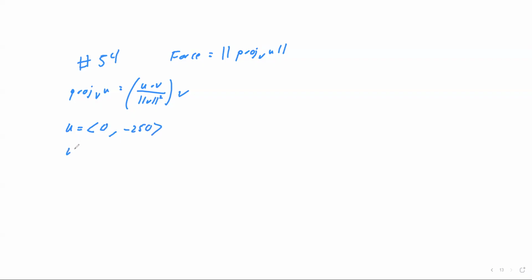And then V would be, since it's going down, negative cosine of the slope of 3 and then negative sine of the slope of 3.